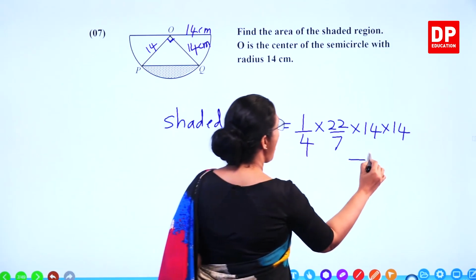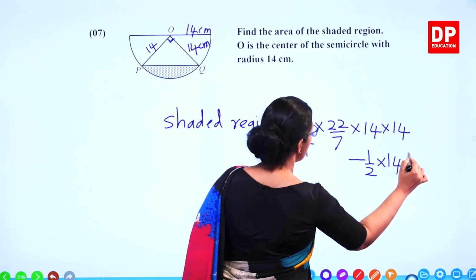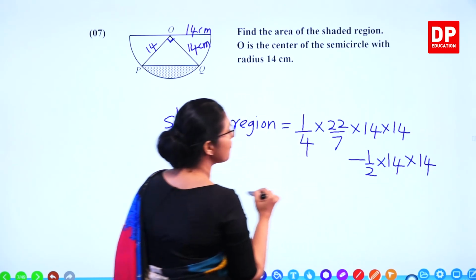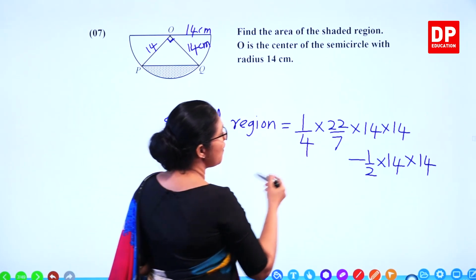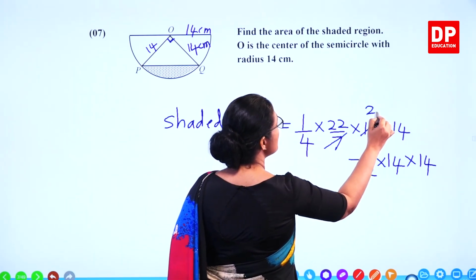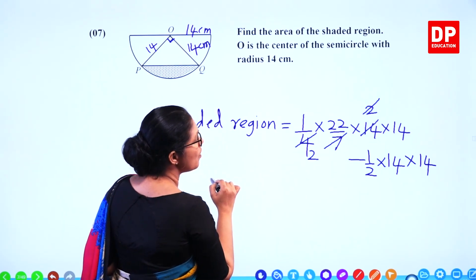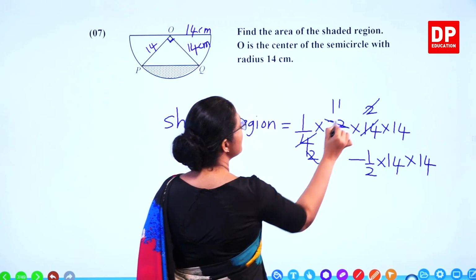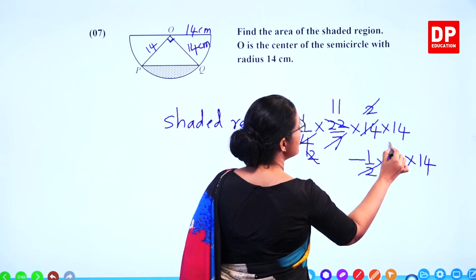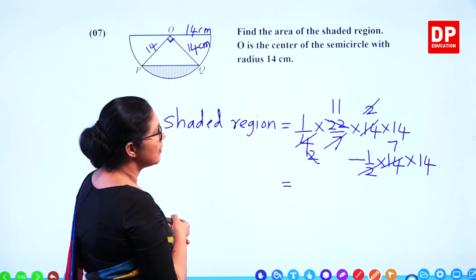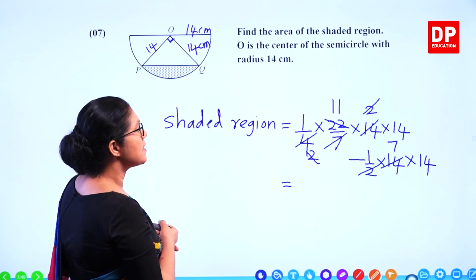So we can say half times base is 14, height is 14. So which one we can simplify? 7 with this 14, 2 with this 2, and then 2 times 11 and 2 times 7. So 11 times 14 and 7 times 14.